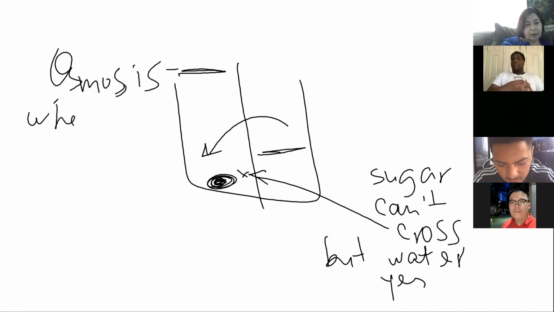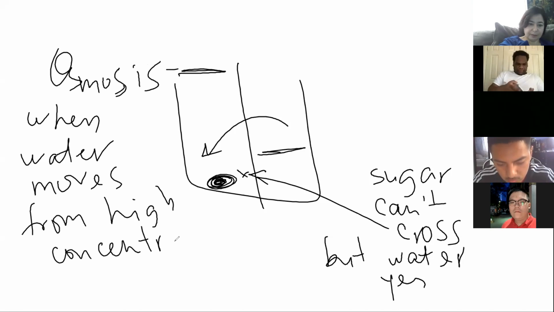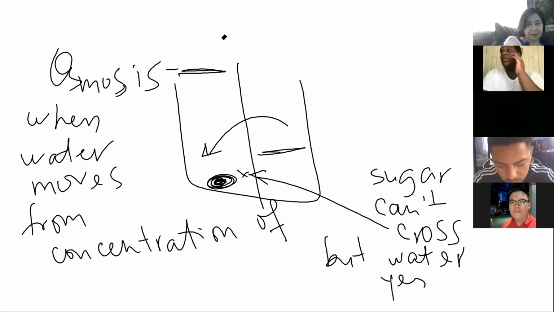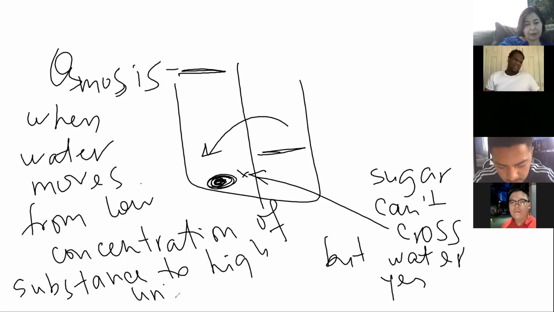Osmosis is when water moves from low concentration of substance to high until even.